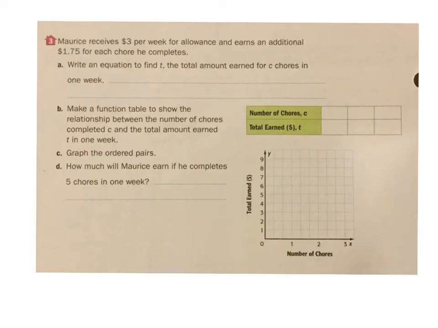Number 3. Maurice receives $3 per week for allowance and earns an additional $1.75 for each chore he completes. Okay, so we know we're going to get $3 a week no matter what. Write an equation to find T, the total amount. Okay, T equals, because T is the total amount earned for C chores in 1 week.